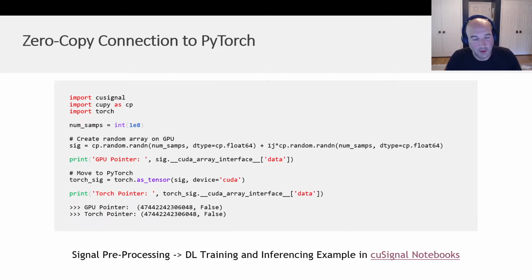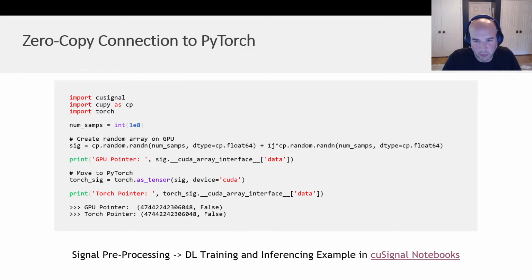One of the really cool key enabling technologies that cuSignal integrates is support for what's called the CUDA array interface, which is a standardized mechanism for how we handle on-GPU memory within Python. So you can do some fast preprocessing within cuSignal, and then move that data object to PyTorch with torch.as_tensor.